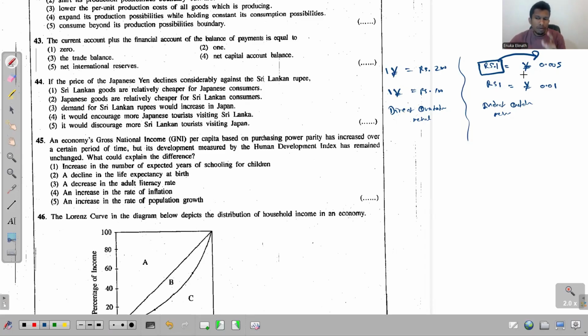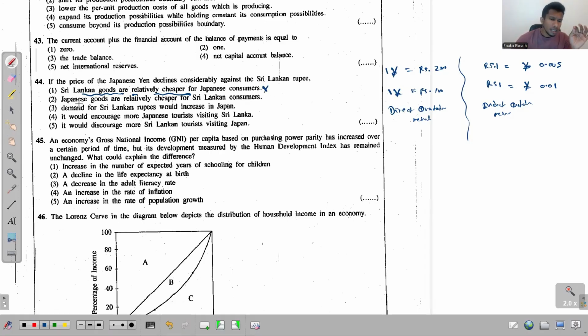But after this rupee appreciation happens, right, to purchase that same good, they have to pay a higher amount. Now they just need to pay 0.01 yen to purchase the same thing. See, after rupee appreciation happens, what has happened? The Sri Lankan goods have become expensive for the Japanese consumers, not cheaper. So this is wrong there.